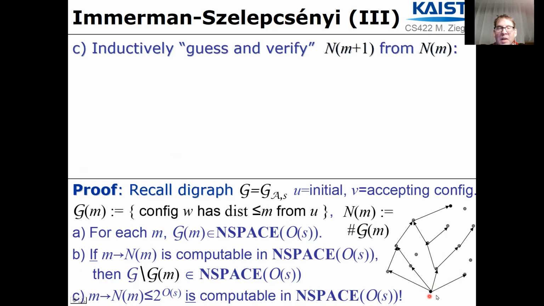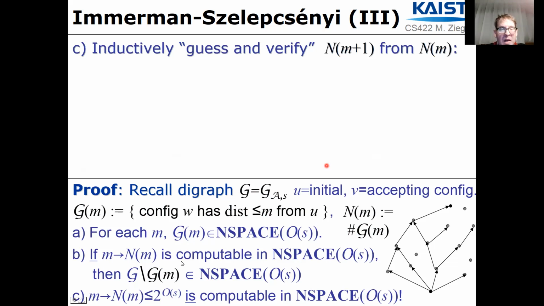That's 1, right? We know g of 0, we know n of 0, that's the induction start. g of 0 is only the starting configuration, which is reachable within 0 steps, and therefore n of 0 is also 1. And then if we can succeed in proceeding from n of m to n of m plus 1, then we can gradually climb up in a loop that has m iterations.